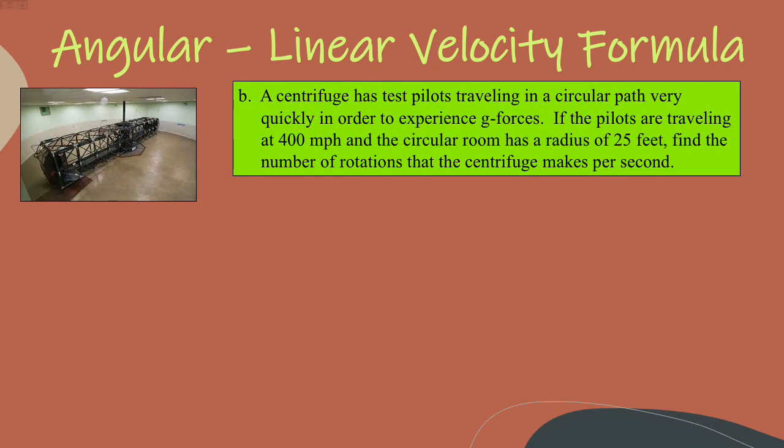Question B states, a centrifuge has test pilots traveling in a circular path very quickly in order to experience g-forces. If the pilots are traveling at 400 miles per hour and the circular room has a radius of 25 feet, find the number of rotations that the centrifuge makes per second.